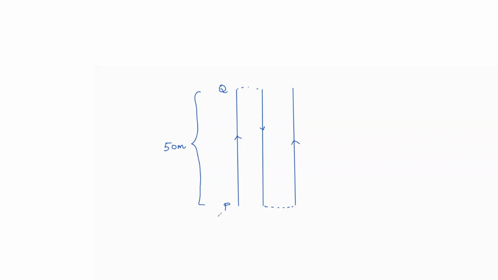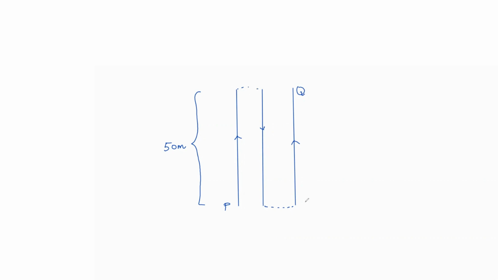To understand the difference between distance and displacement, consider someone swimming 3 laps of a 50-meter pool, starting from the end P and ending here at Q. Each lap is 50 meters.